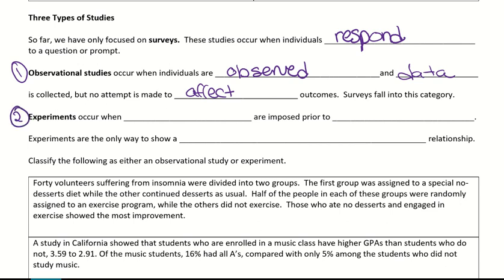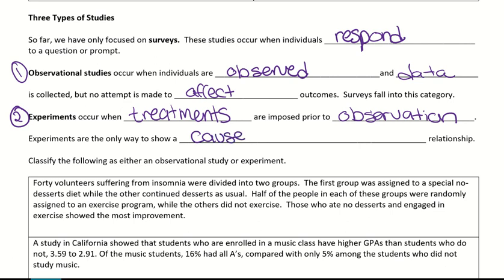Experiments occur when we impose treatments. Then we observe. So we impose treatments prior to an observation. We want to show a cause and effect relationship.